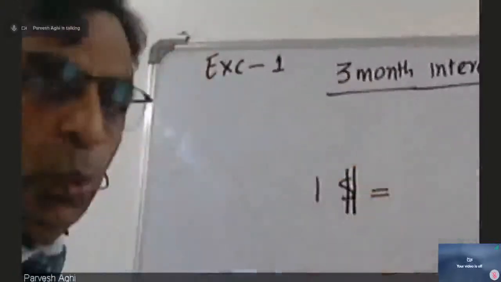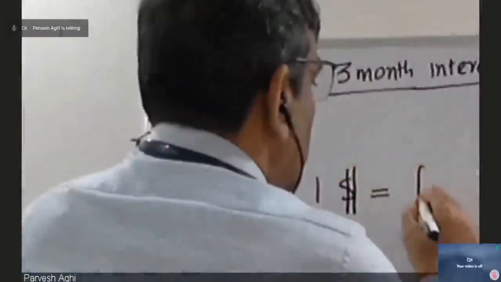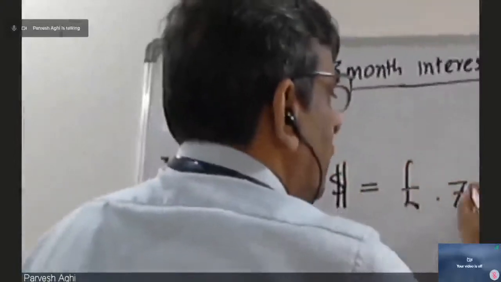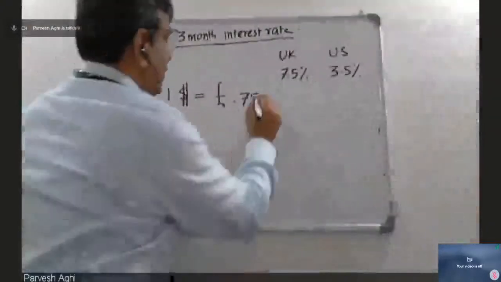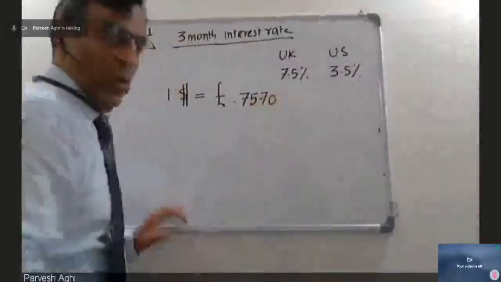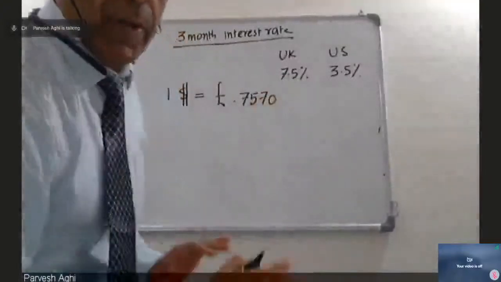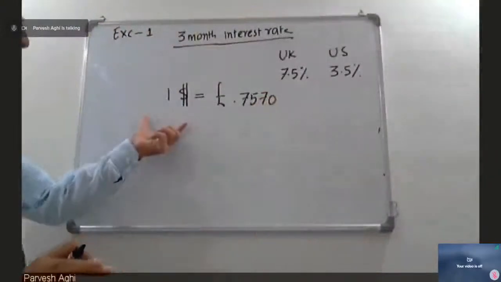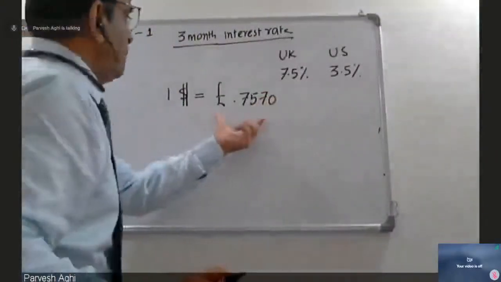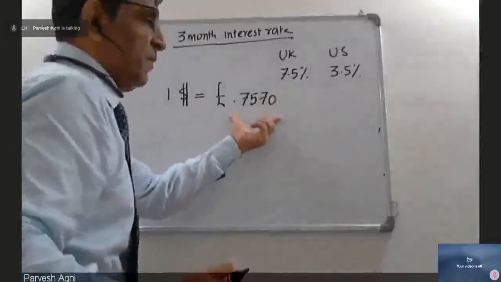is equal to pound 0.7570. Okay. Now we have written this. $1 is equal to pound 0.7570.